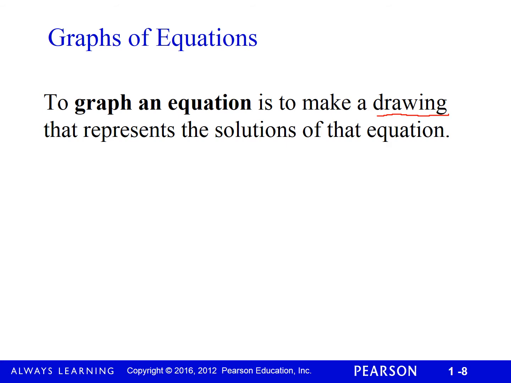In mathematics, the graph of an equation is a set of ordered pairs, which is an issue because a lot of authors of textbooks say that it's not the graph of an equation, which is the set of ordered pairs. It is a function, which is a set of ordered pairs, which actually is not correct.